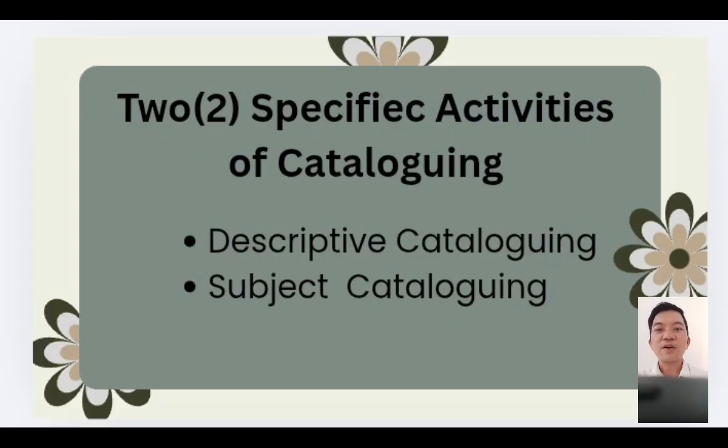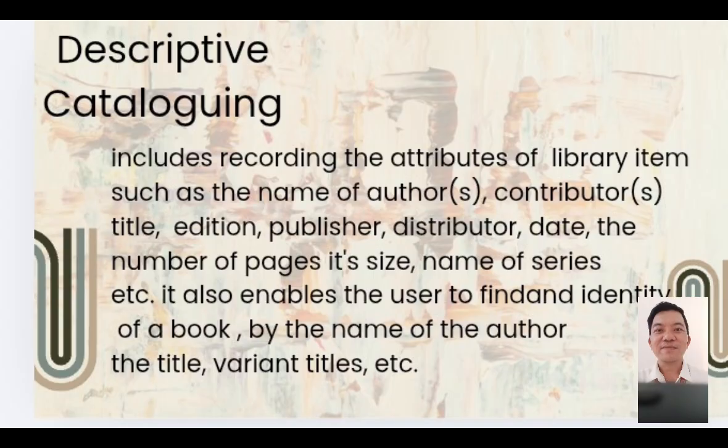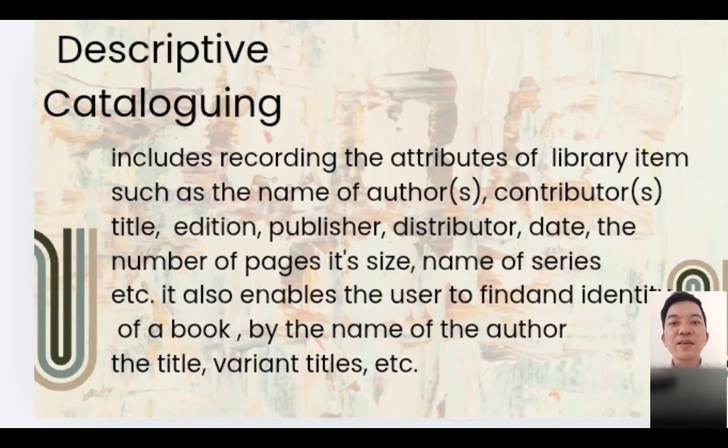The specific activities of cataloging are descriptive cataloging and subject cataloging. Descriptive cataloging includes recording the attributes of a library item, such as the name of the author, contributor, title, edition, publisher, distributor, date, the number of pages, its size, name of series, and etc. It also enables users to find the identity of a book.